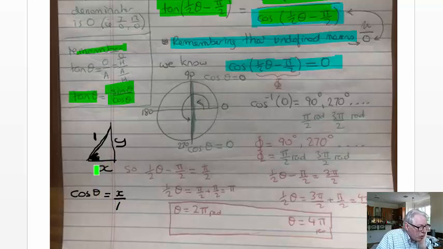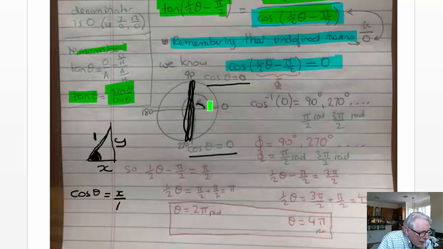So I want to know what angle does that x go to 0? And it goes to 0 when you're vertically up, and it goes to 0 when you're vertically down. It goes to 0 on that line there. I know on that line cosine of theta equals 0, because the x has gone to 0. And then the question is, what angle is it?